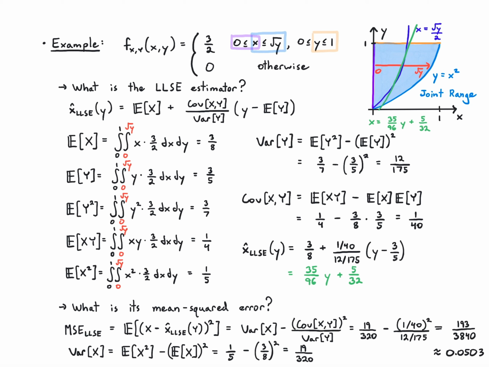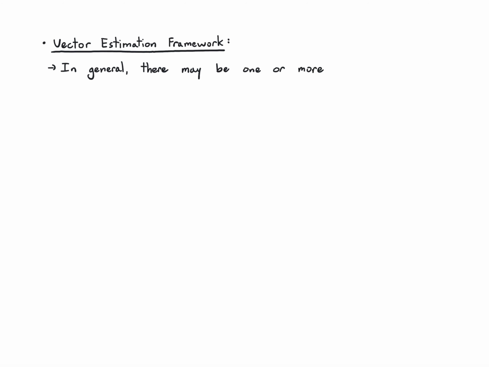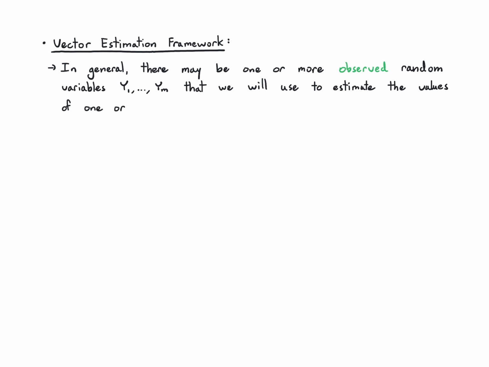Okay, that's it for our example. Let's move on to vector estimation. For vector estimation, I need to develop my framework a little bit. What's generally happening is I might observe more than one variable. Let's call them y1 up to ym. And maybe I also want to estimate more than one variable.